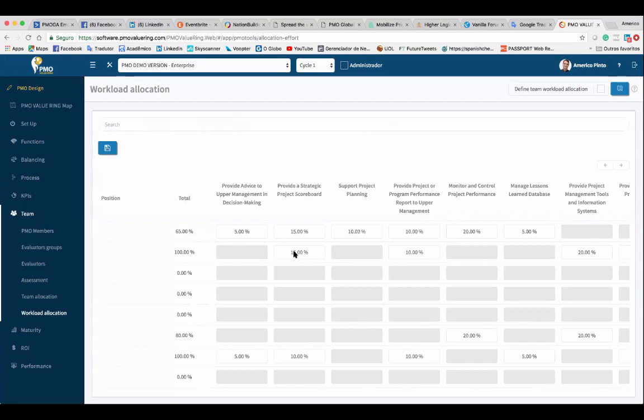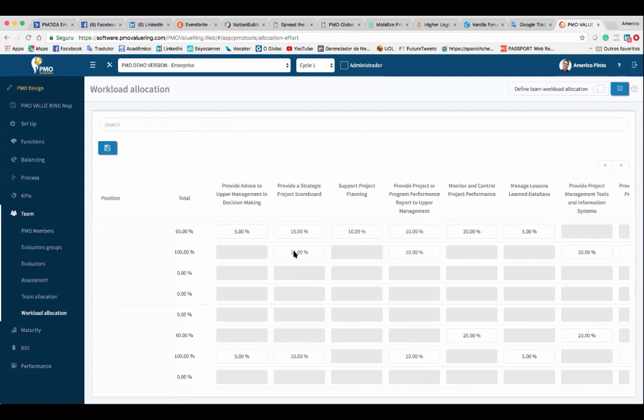Full-time equivalent means, let's suppose that I work from Monday to Friday, every month, 8 hours a day. So it means that I have around 160 hours per month, hours of work.